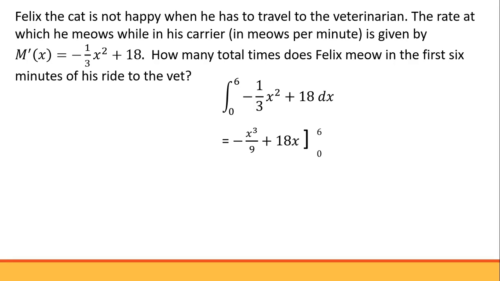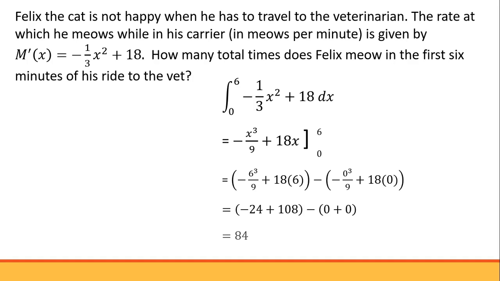Well, the antiderivative is negative x to the third over 9 plus 18x. We'll evaluate that at 6 and at 0 and subtract those values. And we find we have a value of 84. So Felix is going to meow a total of 84 times in the first 6 minutes of his ride to the vet.